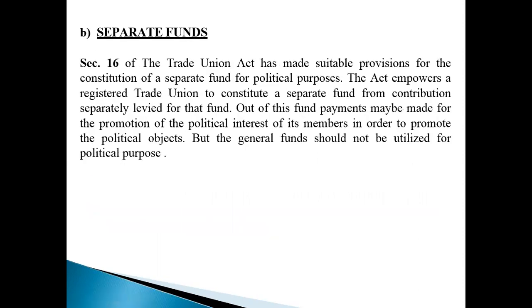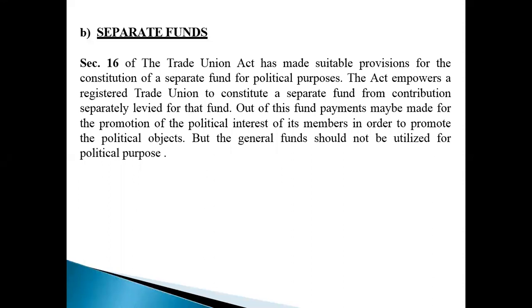Then separate funds are mentioned under section 16 of the Trade Union Act, which has made suitable provisions for the constitution of a separate fund for political purposes. The Act empowers a registered trade union to constitute a separate fund from contributions separately levied for that fund. Out of this fund, payments may be made for the promotion of the political interests of its members, to promote the political objects.